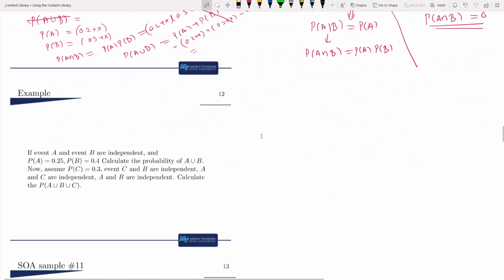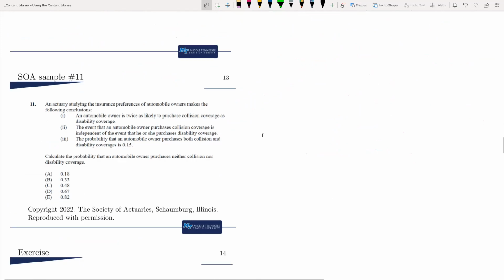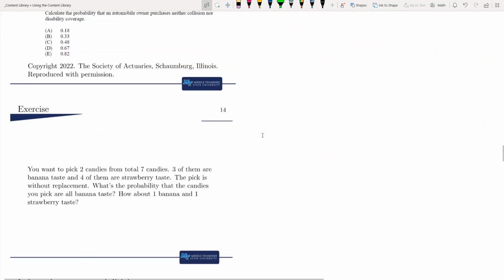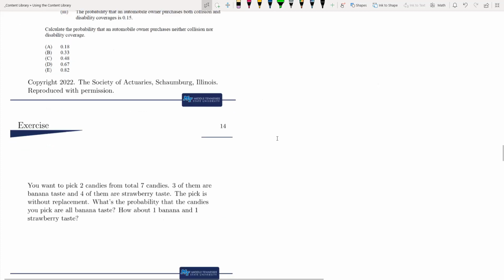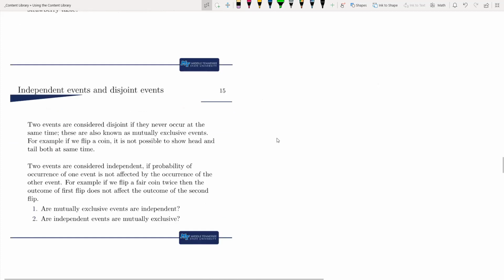Okay, so here you can see another few examples. Please try these problems. If you don't know how to do it, just post it in D2L. In this slide, I'm mentioning that independent events and disjoint events are two separate types of events.